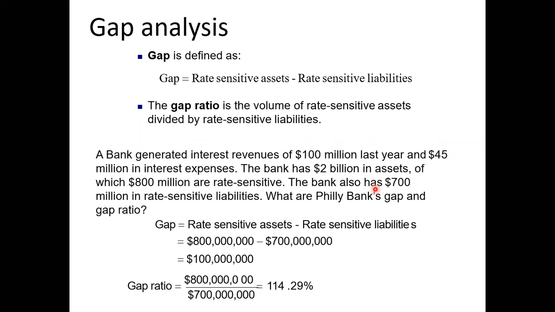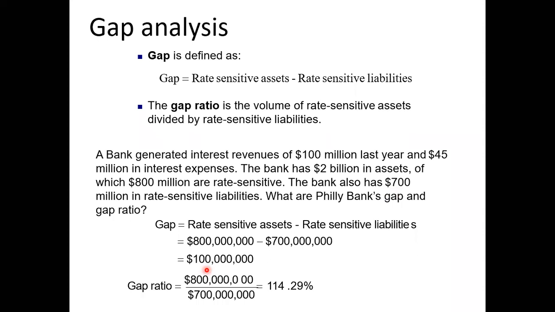What are Philly Bank's gap and gap ratio? The name of the bank is Philly. It's very simple and straightforward. Rate sensitive assets are 800 million minus rate sensitive liabilities of 700 million. Therefore the gap is 100 million.